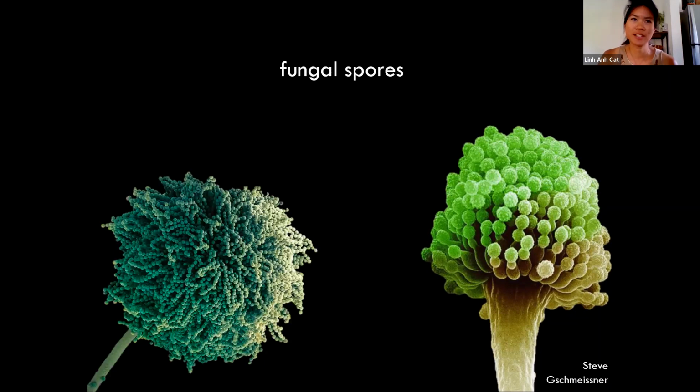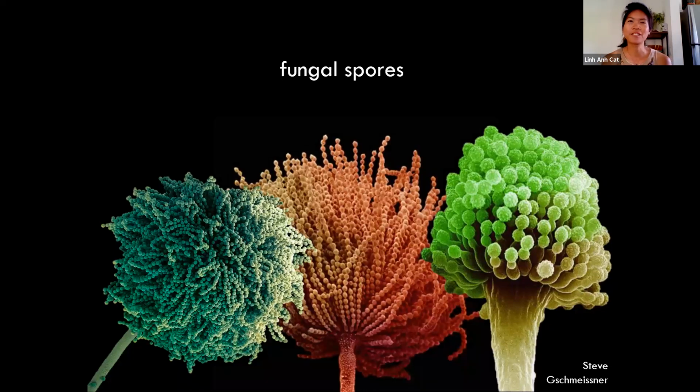And there's a lot of diversity in these spores and their sizes, their shapes, what they look like. And the diversity of these sizes and shapes often contribute to how far they can travel in the air, whether they can travel a lot further, how tolerant they are to stress. So if you imagine being a tiny spore traveling thousands of miles in the air, you're exposed to sun constantly, right?